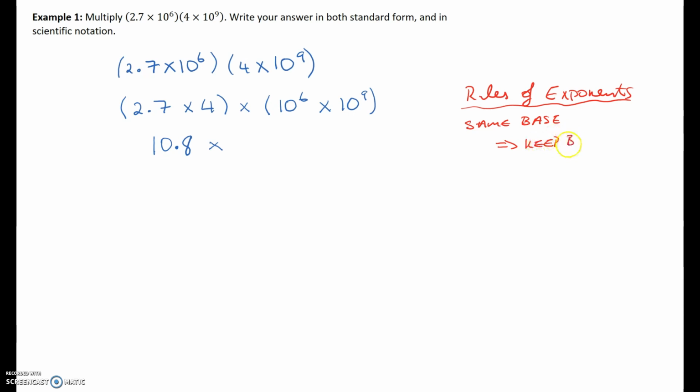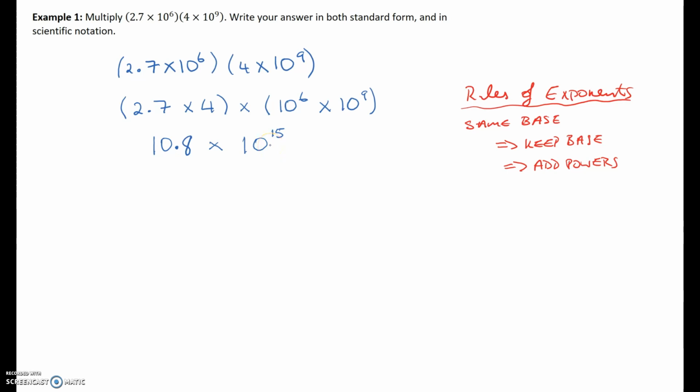So we're going to keep the base 10 and add the powers. 6 plus 9 is 15. So we've got 10.8 by 10 to the power 15.